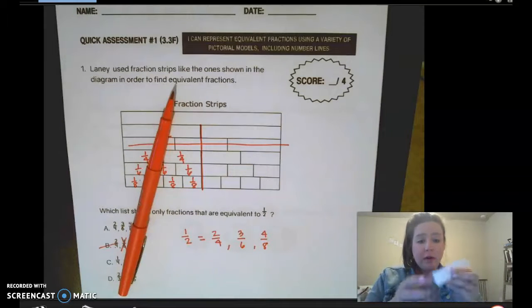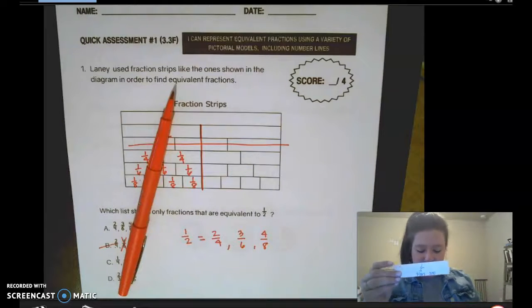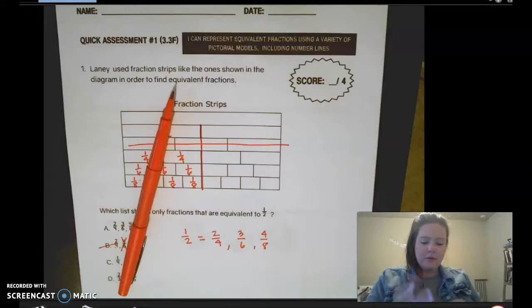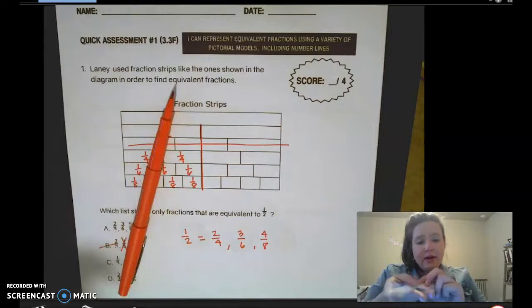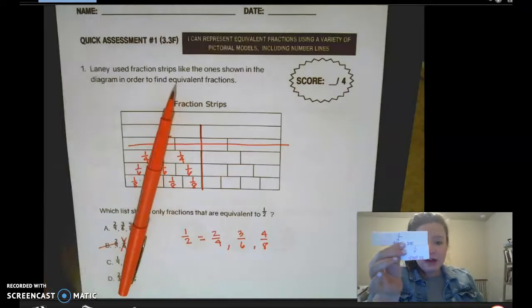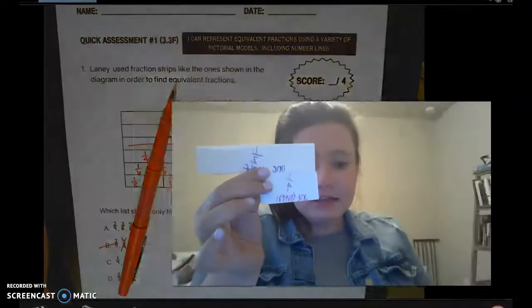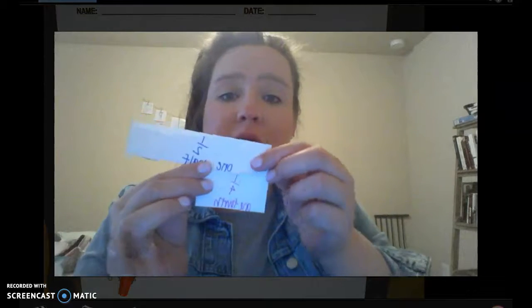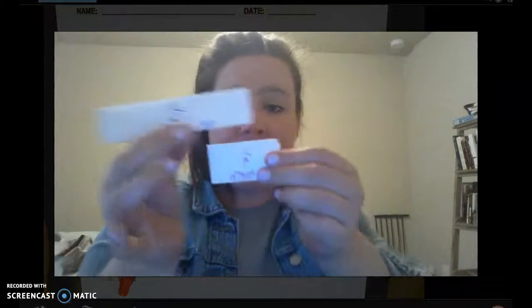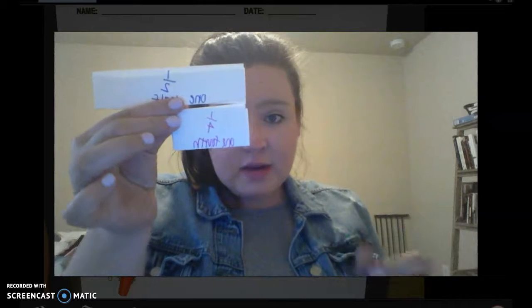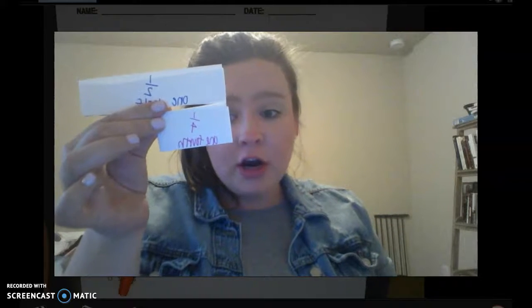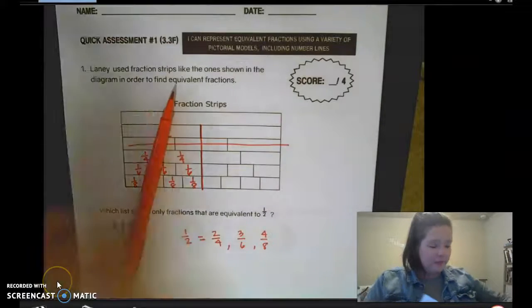So if I want to fold 1/2 and I want to see, is 1/4 equivalent to 1/2? I just folded it up to where they're all together, all of my fraction pieces, and those are not equivalent. You can see that those are not going to be equivalent pieces, okay? All I did was take my fraction strip and fold it back up into fourths like we did when we originally created our fraction strips, okay?